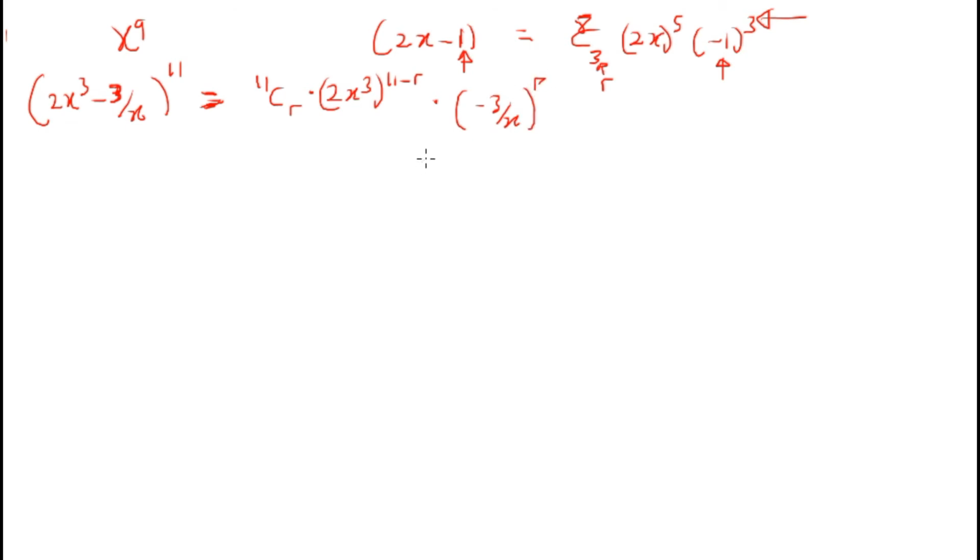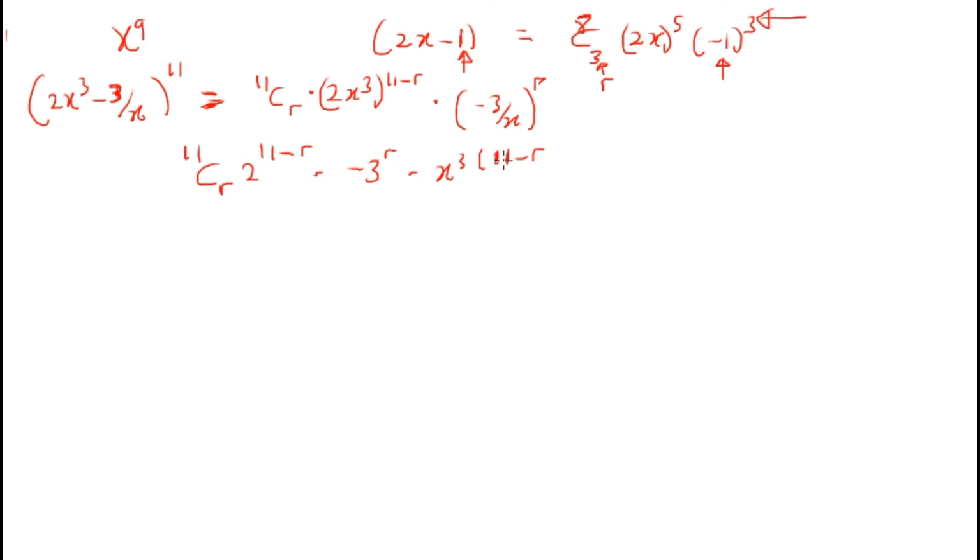We just need to split this. To split this, I need to have 11 combination r, then by splitting this according to law of indices, it becomes 2 raised to power 11 minus r, and minus 3 raised to power r, so that I'll have x raised to power 3 into 11 minus r.